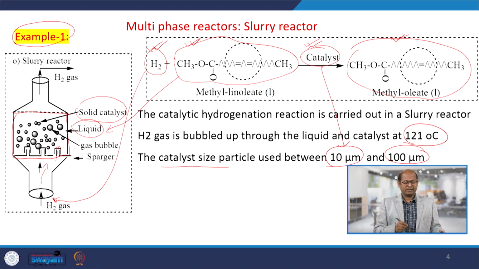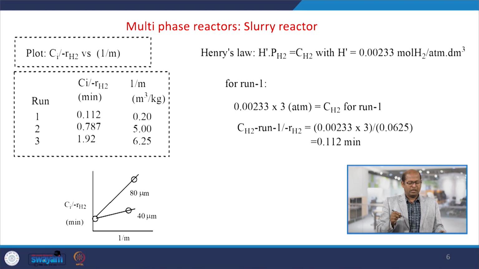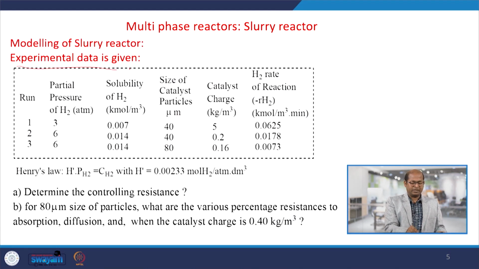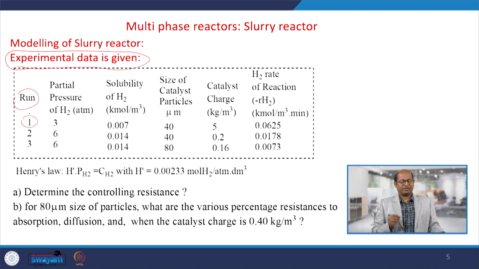So, let us say these reactions we have conducted, and this is the experimental data we generated from these reactions. Considering one run at a time, for run 1, the first time we conduct the reaction, we maintain hydrogen at 3 atmospheric pressure passing through the reactor.